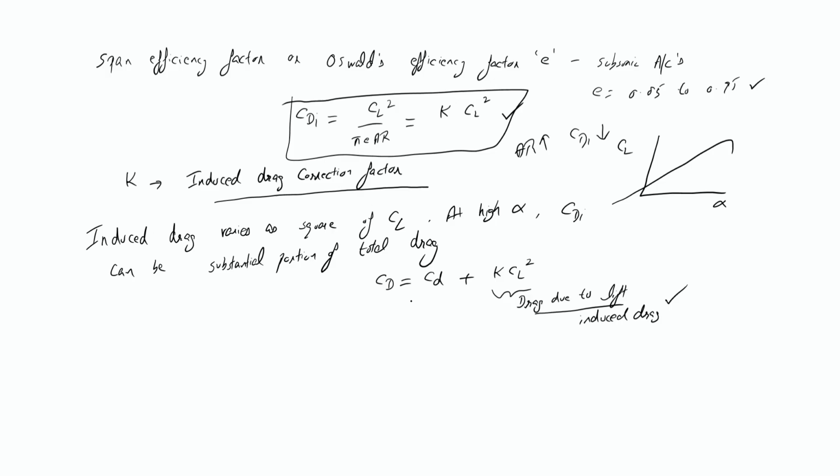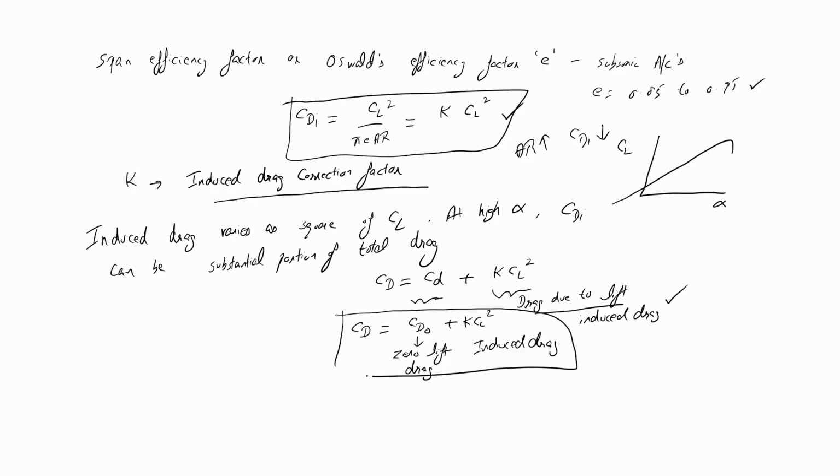So whatever other types of drag are existing, because of the empennage, because of the engine, because of the fuselage, that we call zero lift drag. Okay, so let me write here CD naught plus K CL square. So this is zero lift drag and this is induced drag. So finally we obtain CD equals CD naught plus K CL square.